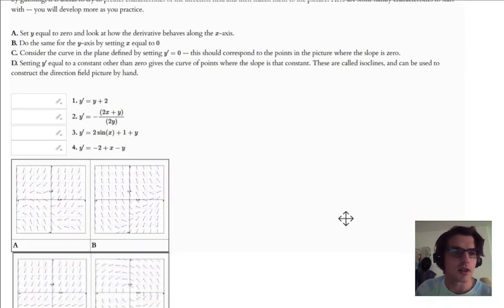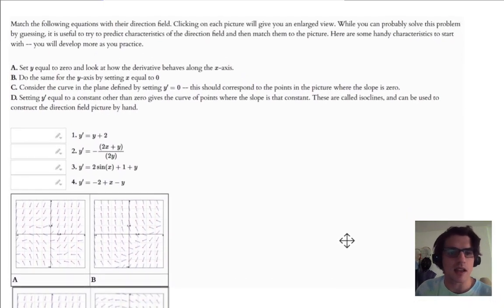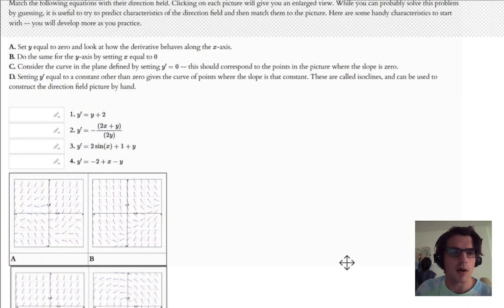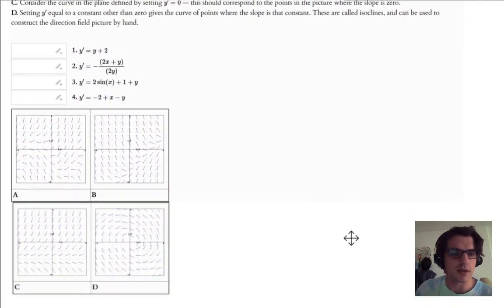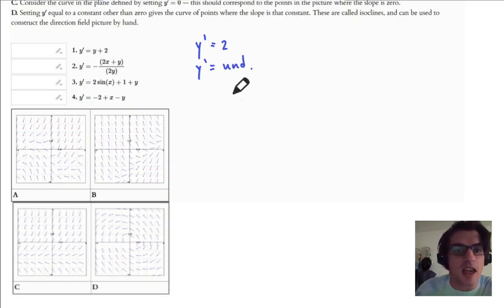So this looks essentially the same. We're matching up again, so let's do that by the same method. A couple of these are the same, so we already know what they look like.